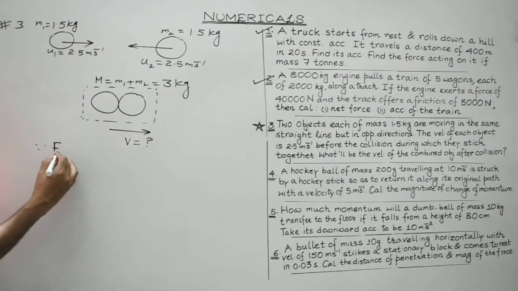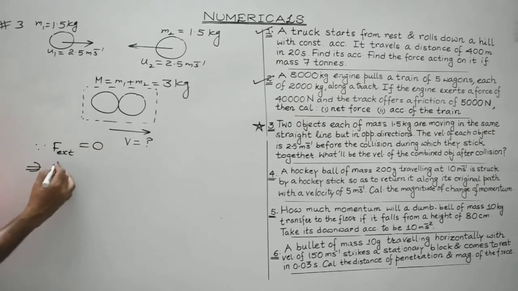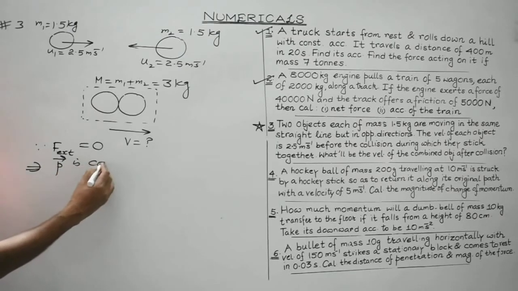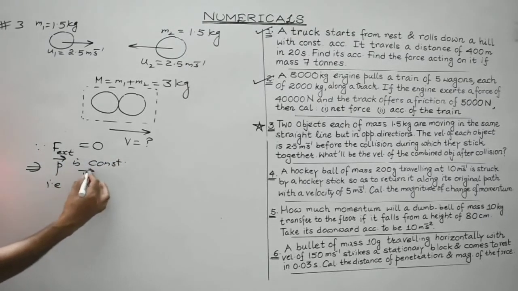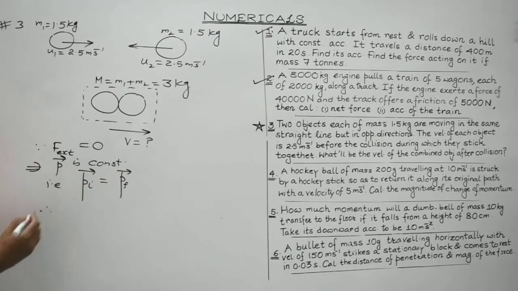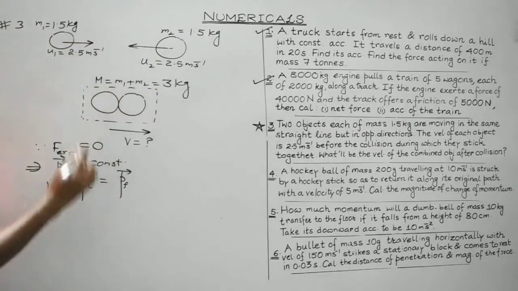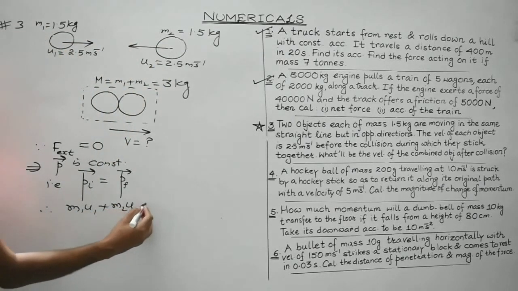Since net external force is equal to 0, it implies that momentum is constant. That is, initial momentum is equal to final momentum. Right? Therefore, what is the initial momentum? m1u1 plus m2u2.